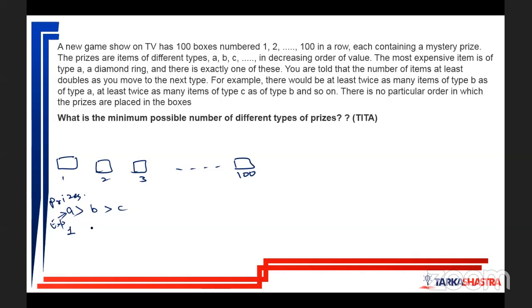So type B would be at least 2, not exactly 2, but at least 2. Then type C would be at least 2 times B, type D at least 2 times C, and so on. These values are the least values.